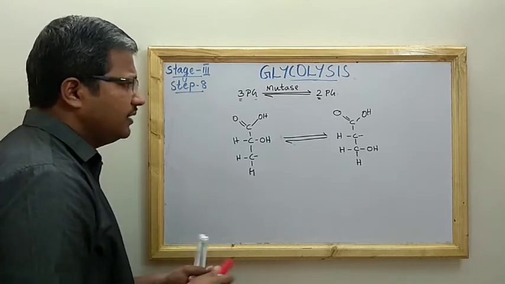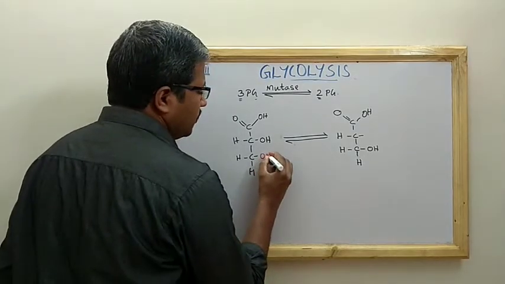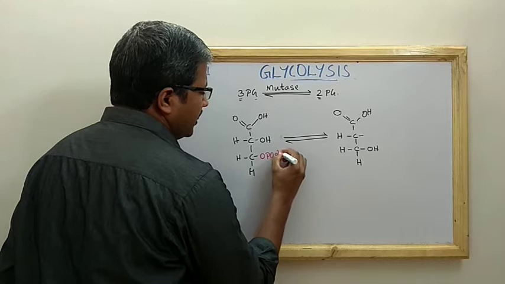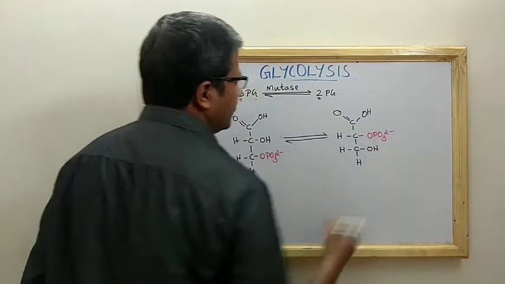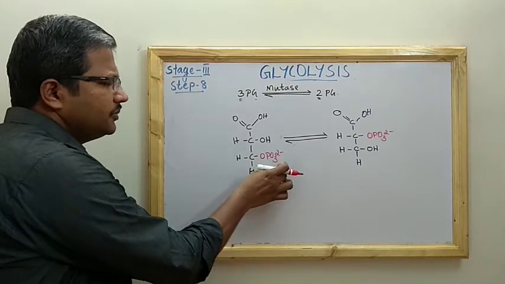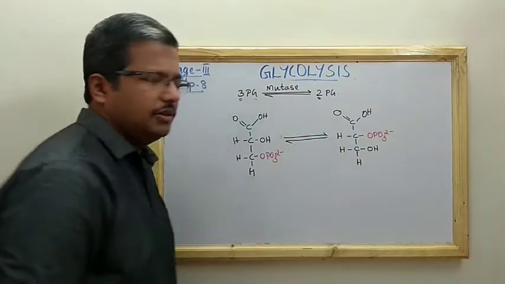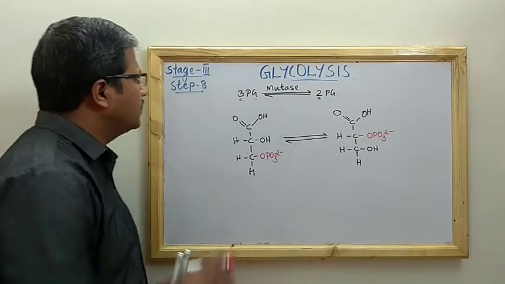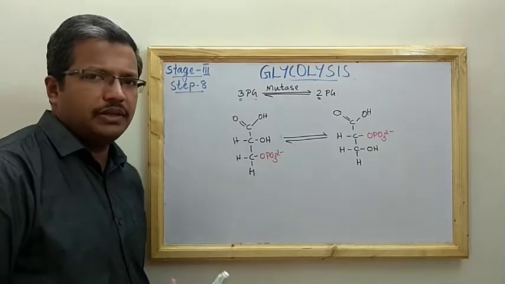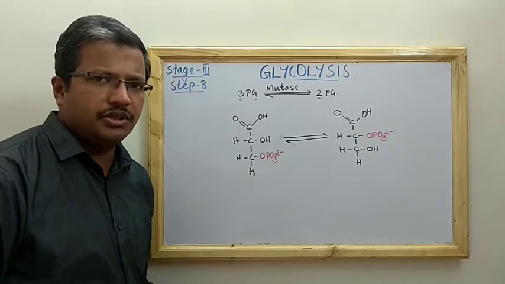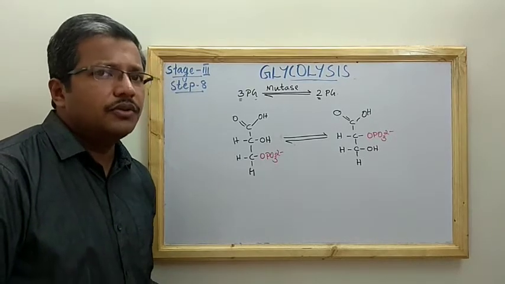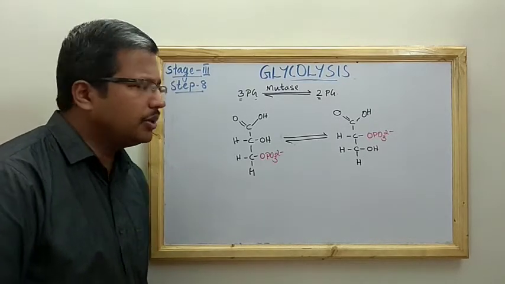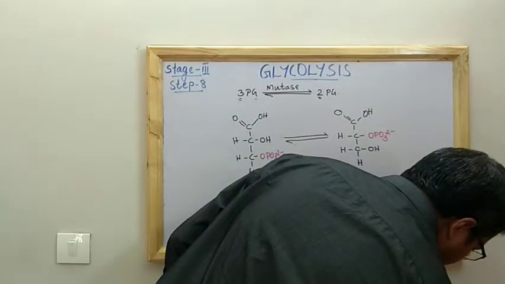So you can see here, OPO3 2 minus, OPO3 2 minus. From the third position, it is just changing into the second position. So that's about step 8 of glycolysis. A mutation is happening, catalyzed by the mutase enzyme, where 3-phosphoglycerate is converted into 2-phosphoglycerate.